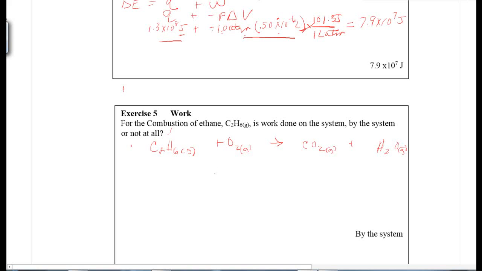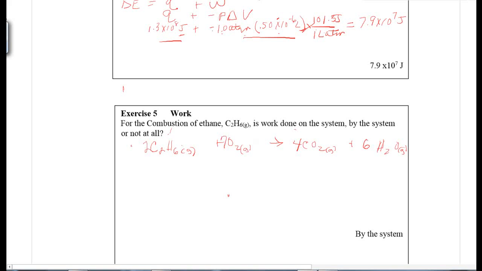In order to do this, I first have to balance the equation. I've got 6 H's, so I'm going to need to end up doubling this. Make sure you can balance. That's going to be 4, this is going to be 6, and that'll be 8 plus 6 is 14, so that becomes 7.